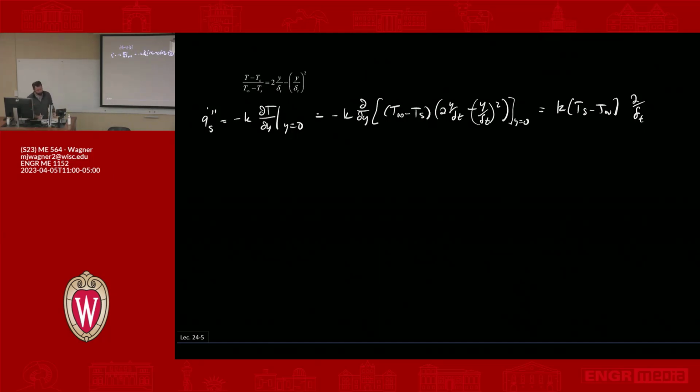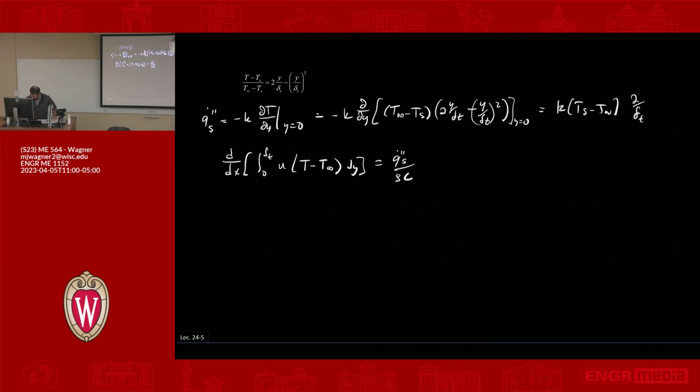So okay, we have that. Now let's substitute everything together into the integral form. The integral form for us was d dx of the integral from 0 to delta t of u times (T minus T infinity) dy is equal to q dot double prime s over rho c.